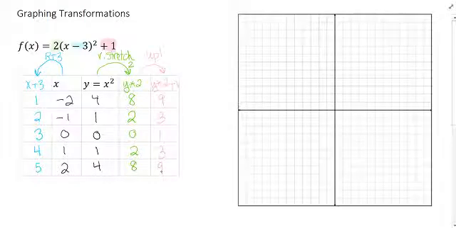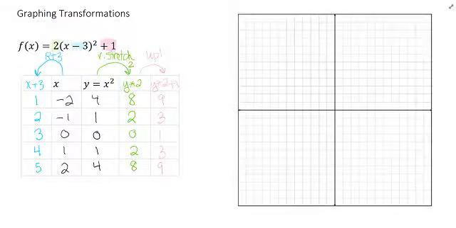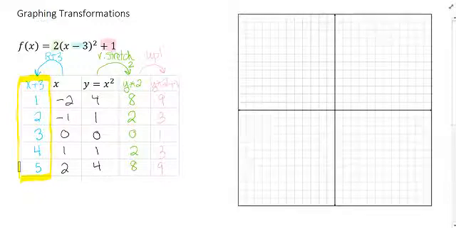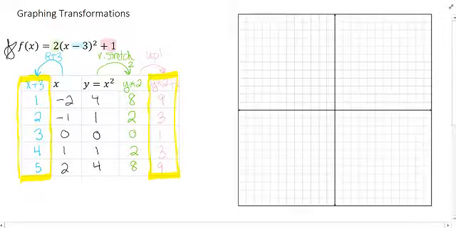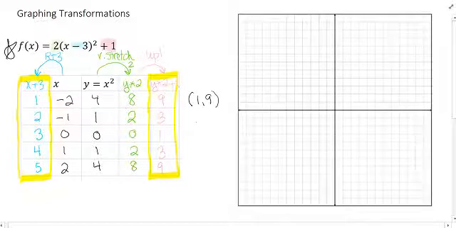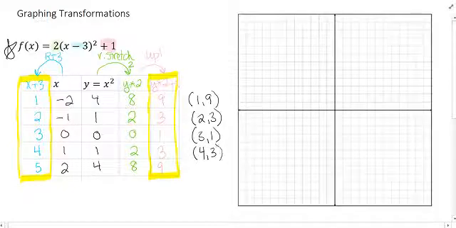Now, the transformed function will have this column as its x values and this column as its y values. So the ordered pairs that I will be graphing for this transformed function will be (1, 9), (2, 3), (3, 1), (4, 3), and (5, 9).